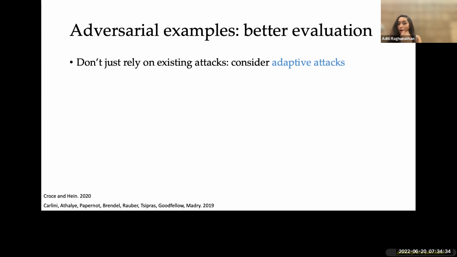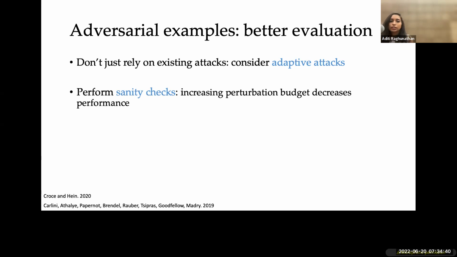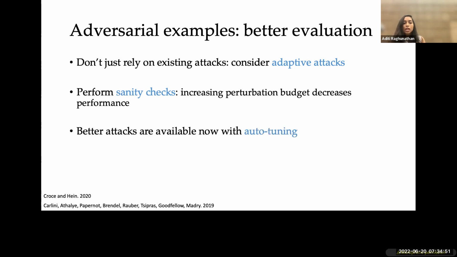Consider ways of modifying how you find these examples to really test your idea, and perform some sanity checks. Over time the community has developed better evaluation standards to avoid the issue of being broken within a few months, and there are also ways to tune your hyperparameters to get better attacks. So in general, we are now in a slightly better space for evaluation.